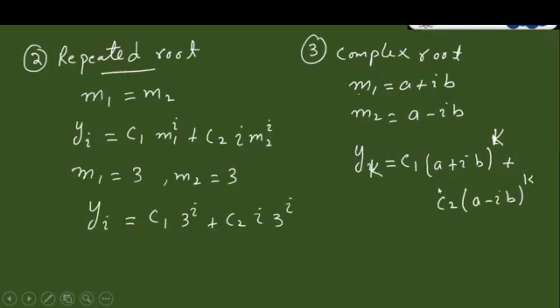This is also possible, but this is enough for us to have a solution. When we have a specific problem, we can convert to polar form and use De Moivre's theorem to expand it as much as we like. But for the general solution, that is enough. So these are the complex roots, how you express them, and how you represent the imaginary roots.